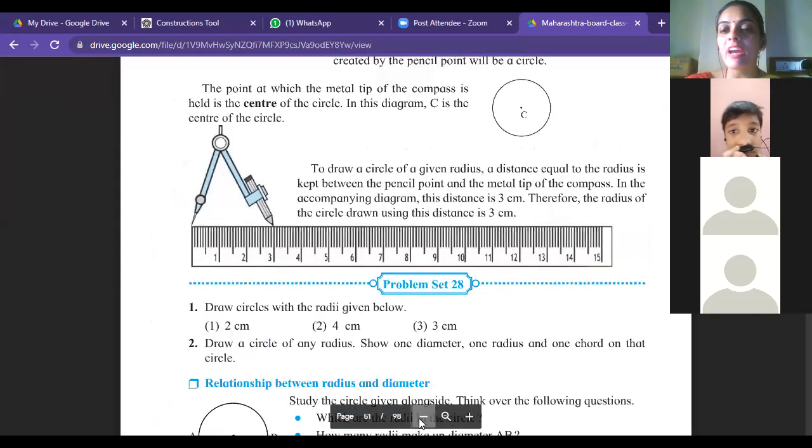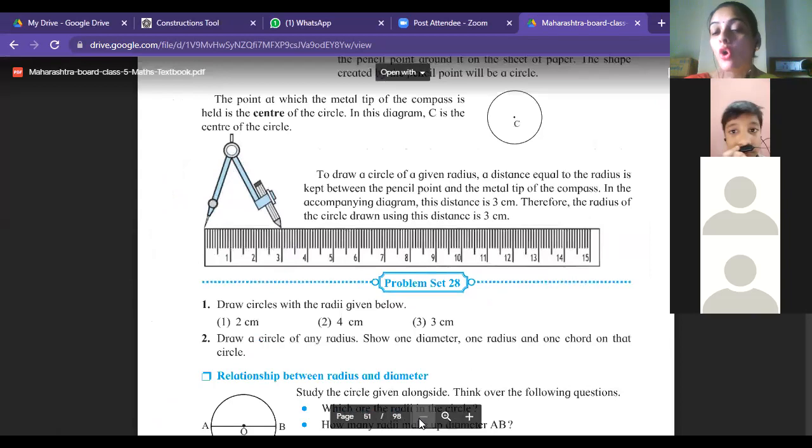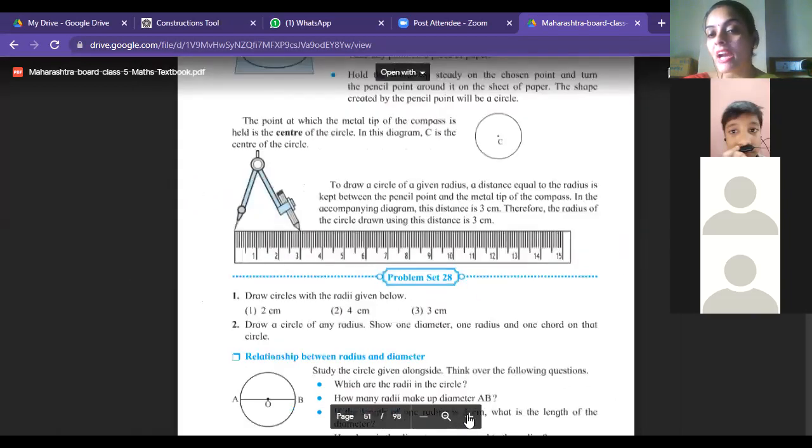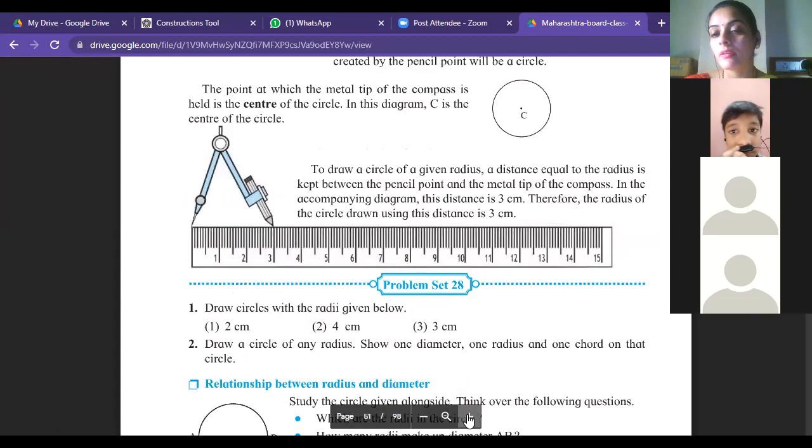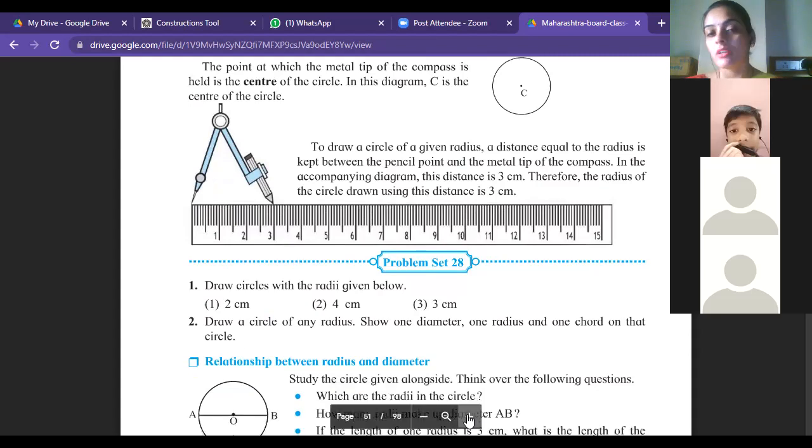Ali, Bhavya, this is your homework. You have to send it to me, Bhavya. This is your homework, problem set 28. Okay. Because this is in your exam, so I want to see how much you have understood.